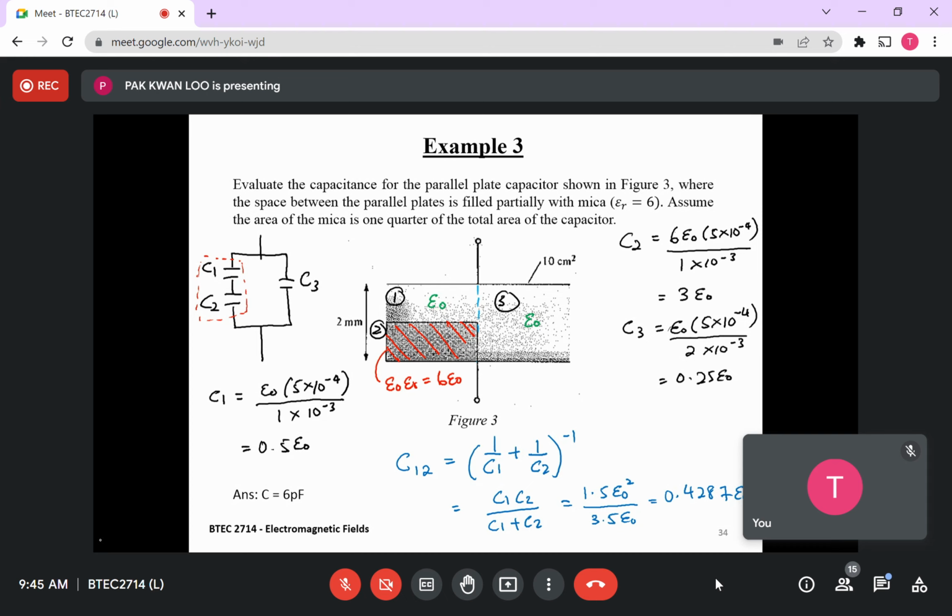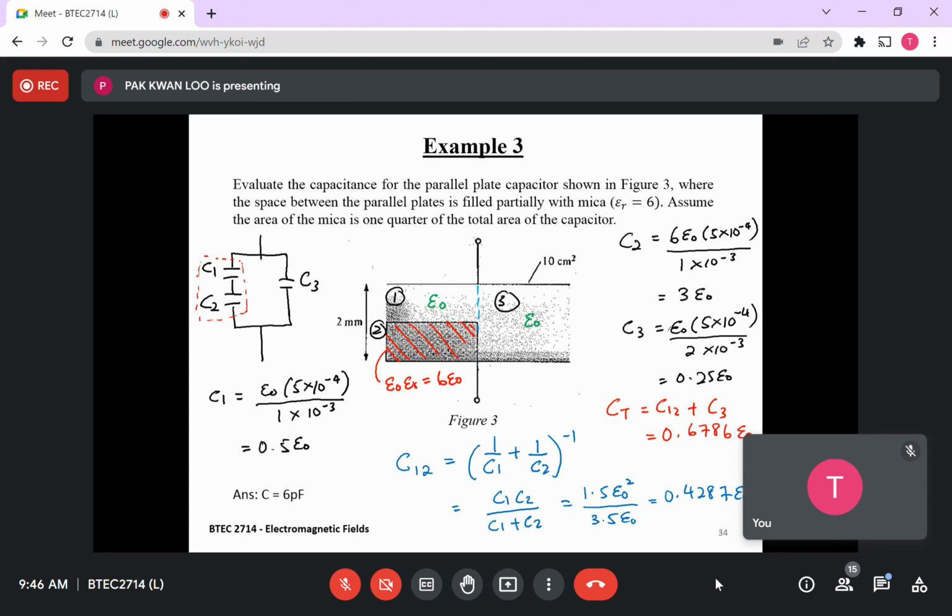Therefore C total is C12 plus C3, so 0.4287 plus 0.25, which is 0.6786 epsilon naught.